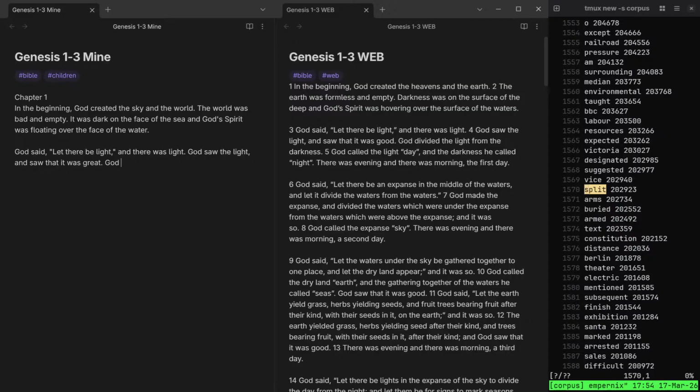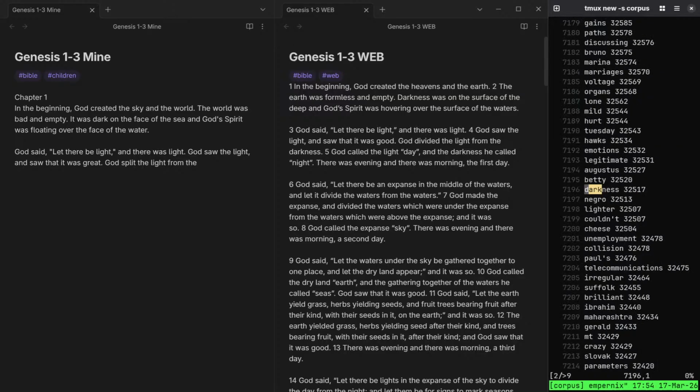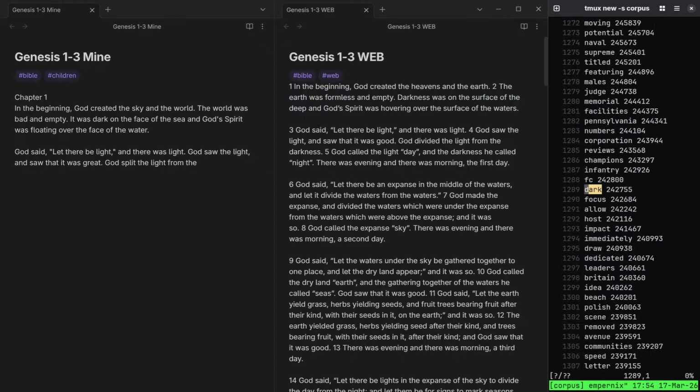My gut tells me to go with split. The light from the dark. Let's just say dark, right? Yeah, let's just say dark. I mean, it makes sense, right?